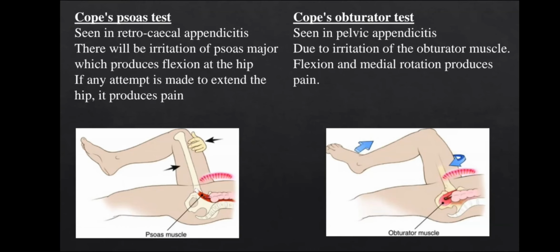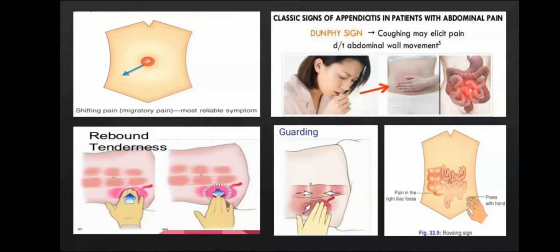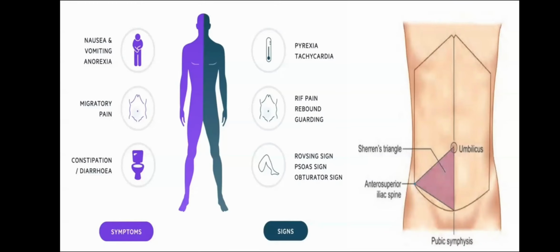Rectal examination also shows tenderness on the right side. Then another thing is hyperesthesia in Sherren's triangle. Sherren's triangle is formed by the anterior superior iliac spine, umbilicus and pubic symphysis.